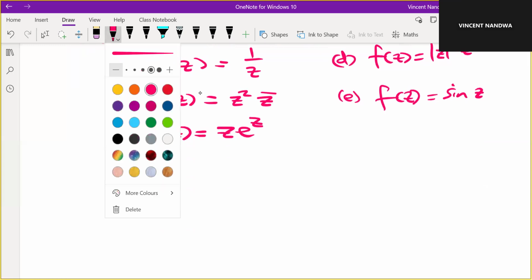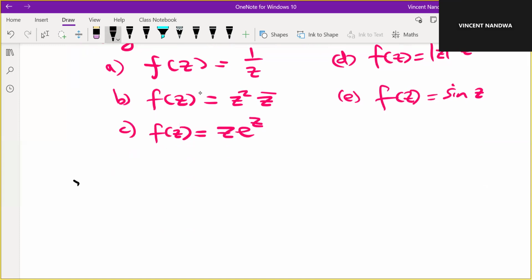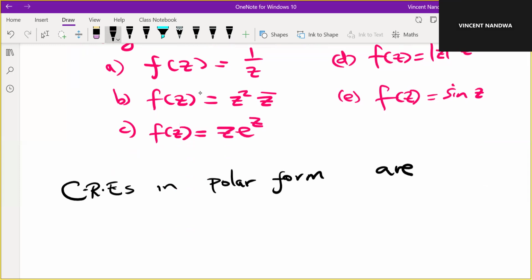So you also did Math 125 analytic geometry. So the CREs in polar form are partial U partial R equals 1 over R partial V partial theta.